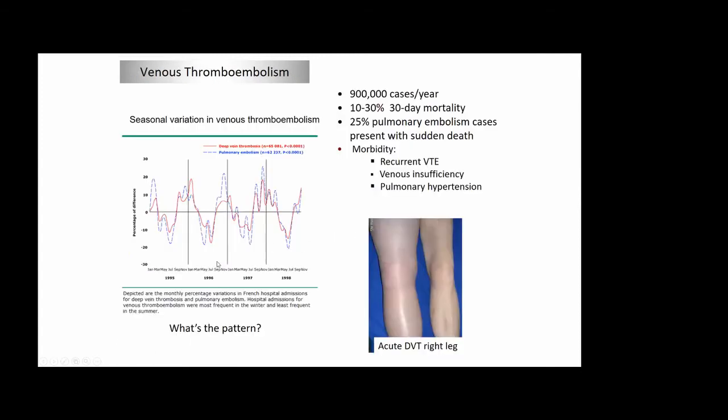This is just to illustrate that there's actually a yearly or seasonal variation. This is 1995 through 1998. This is the relative incidence of deep vein thrombosis in red and pulmonary embolism in blue. And you can see that they are highest around December of each year, and they're lowest around June of each year.